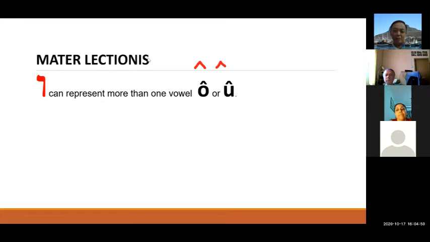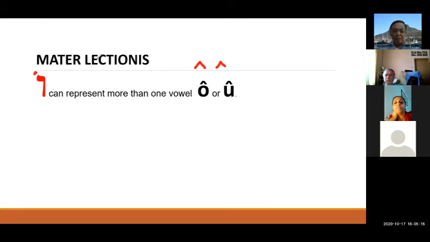The vav here can also behave like an O or U vowel. Like I mentioned just now, without the dot, we will not know. We can only guess it's either an O or U vowel. But with the Masoretic scholars' pointing added here, we are more certain this is an O vowel.